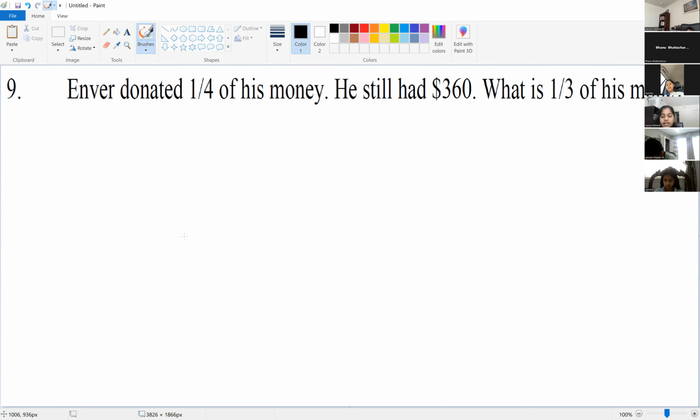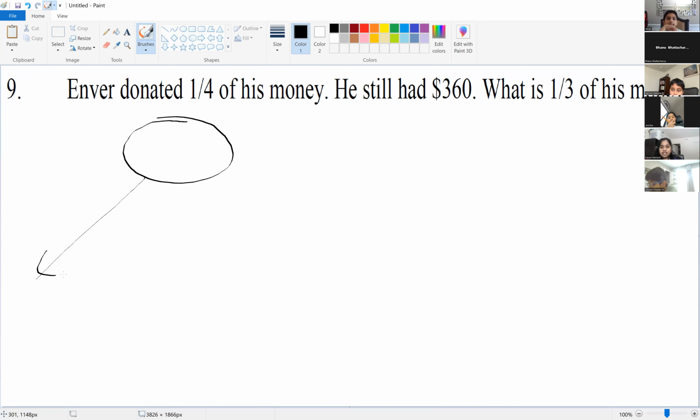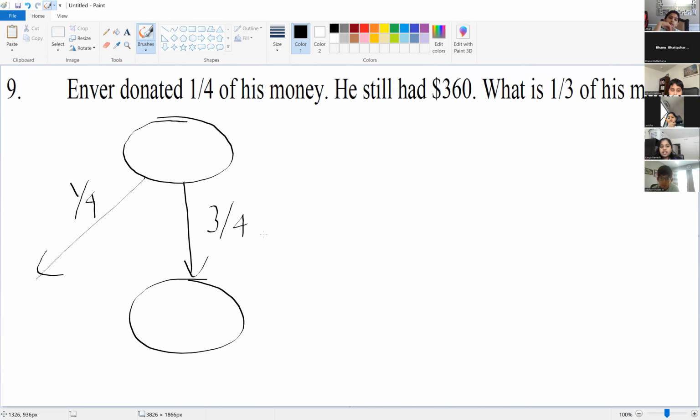So what I did was, since he donated 1/4 of his money, that means 3/4 of his total money is 360. So I did 360 divided by 3, and I got 120. So each 1/4 is 120.